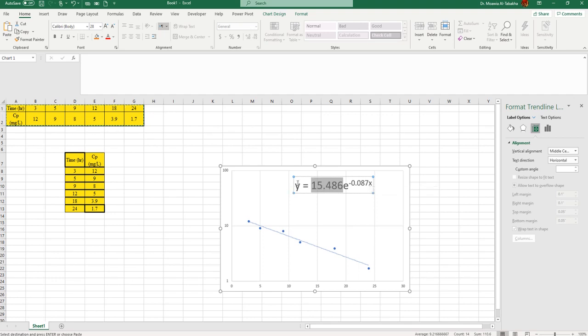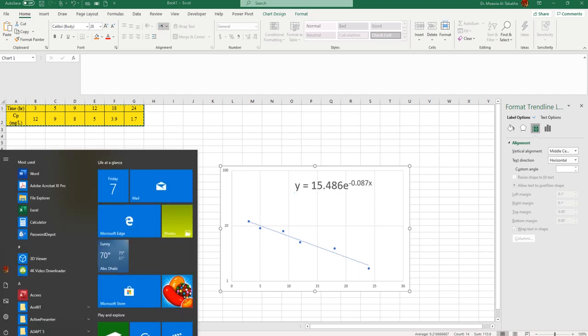But what you can do is use this number in order to calculate CBT capital. This is your CBT capital, and you need the concentration at 2 hours on, then you can calculate CBT capital. See how I will do it.